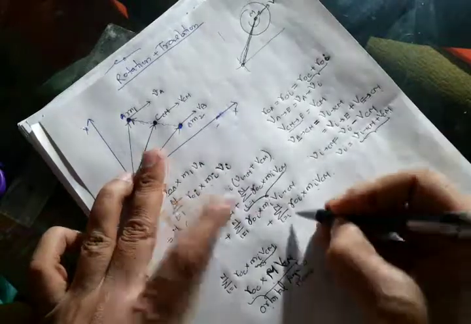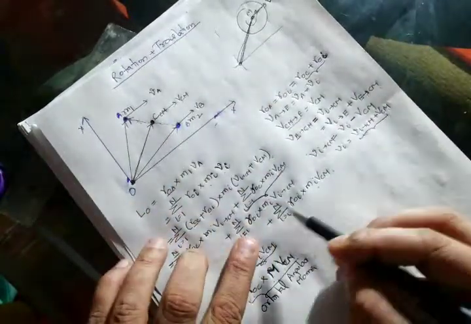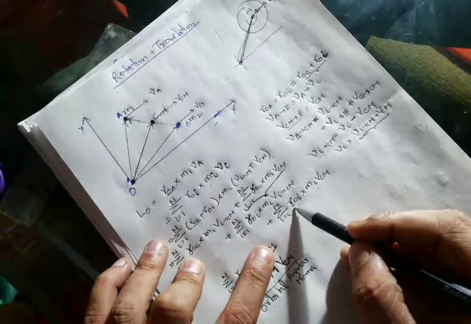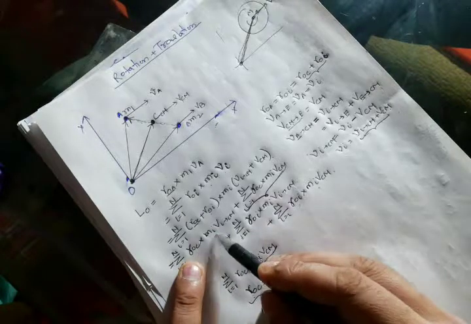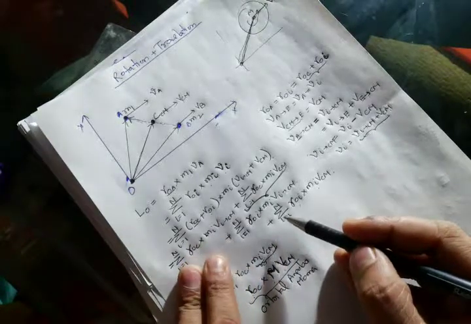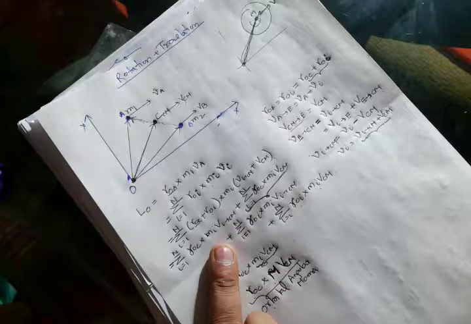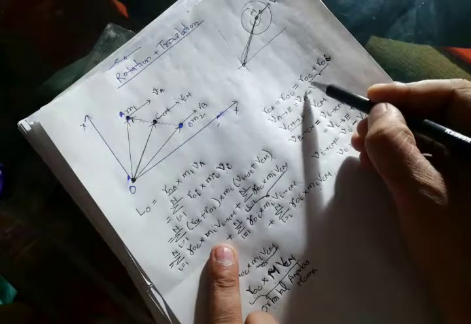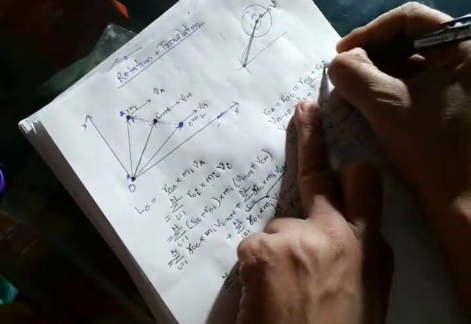So this is orbital angular momentum. Okay, not OI, this is CI.